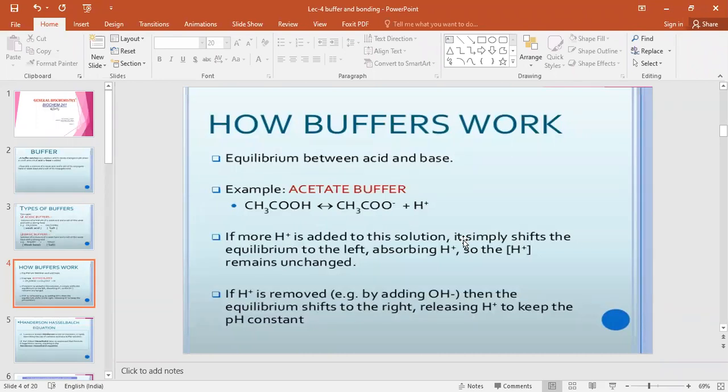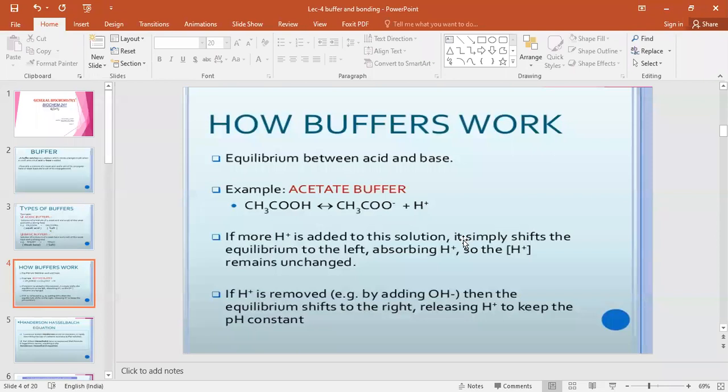When acetic acid, CH3COOH, dissolves in an aqueous system, it dissociates into CH3COO- plus H+ ion. Whether this dissociation is complete or not is not our concern right now, but dissociation or ionization of this occurs.